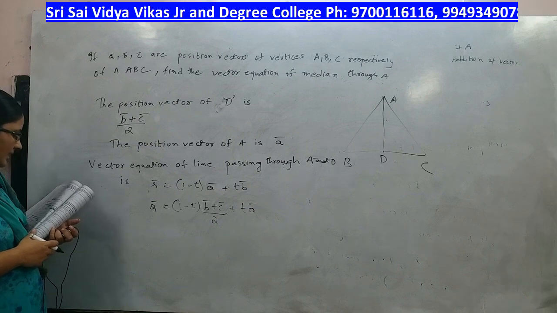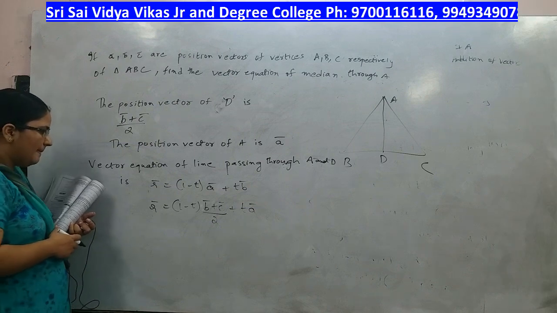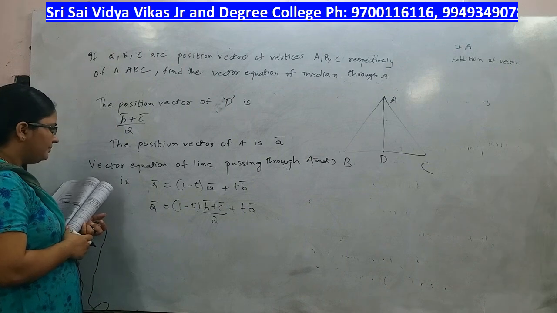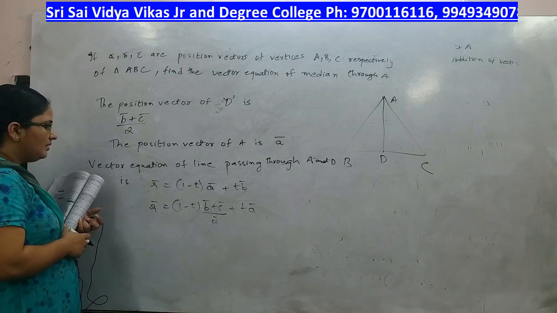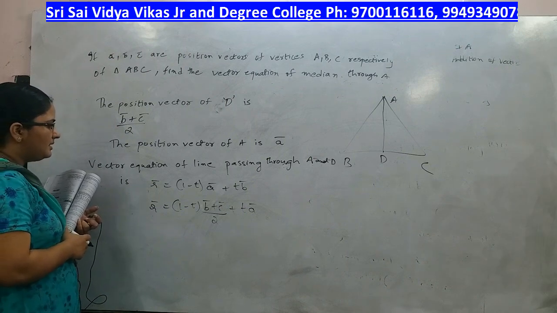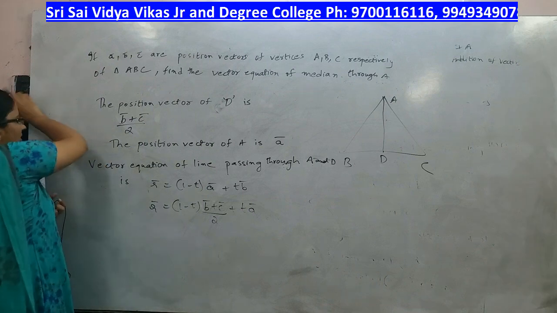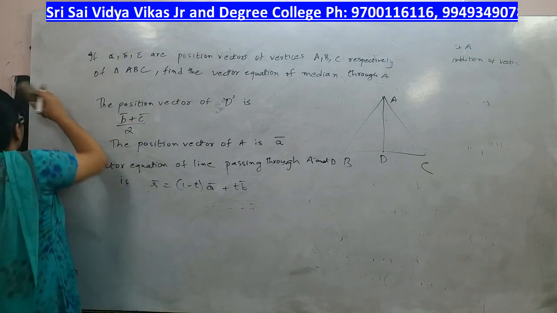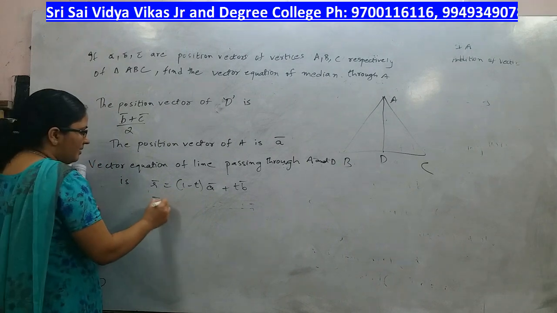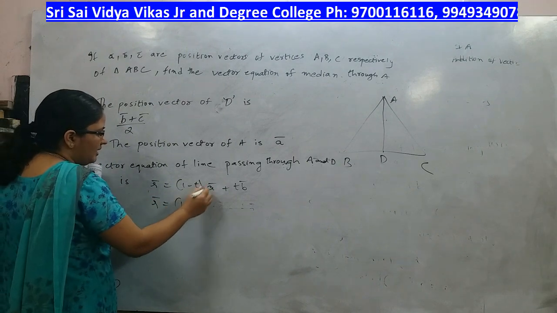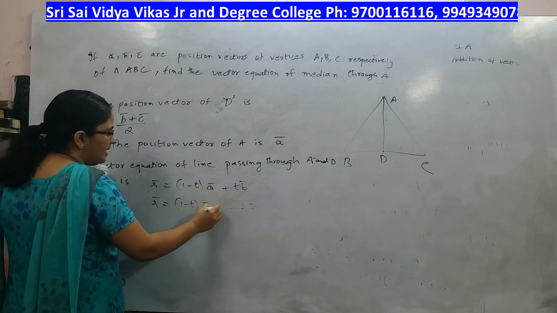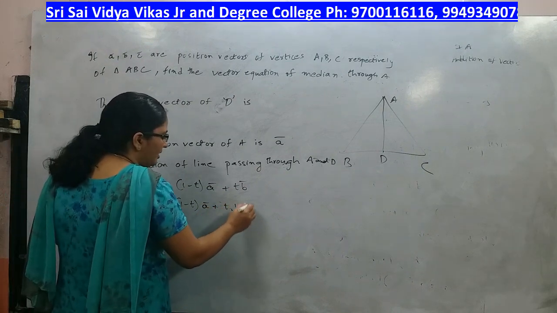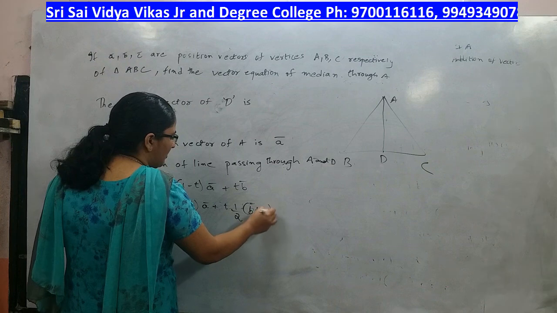You can further write it like this. The line through two points is (1 minus T) A bar plus T B bar. Here for A bar we have taken A bar only, and T times the position vector of D, which is (B bar plus C bar) by 2.